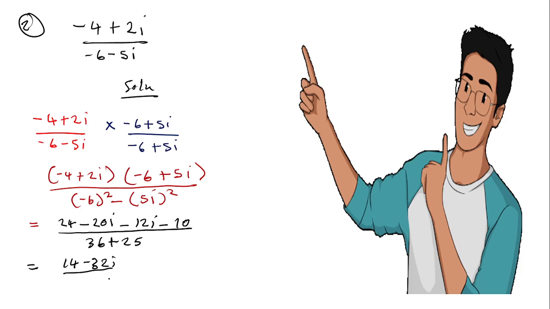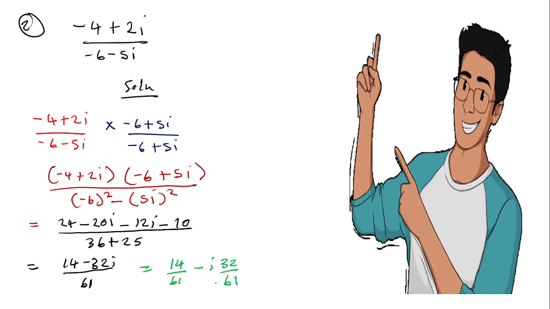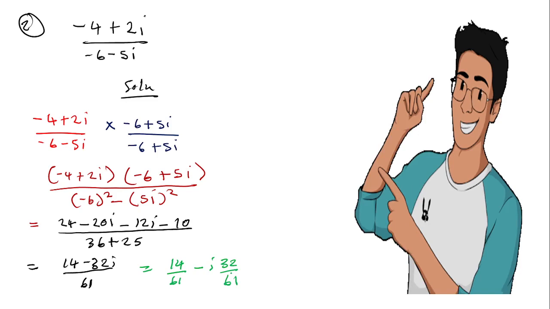So this is the final answer, looking at the fact that there is no number going into 14 and 61, and we also don't have a number going into 32 and 61. Ladies and gentlemen, do we have any question at this particular point? Do we have any question for this part?